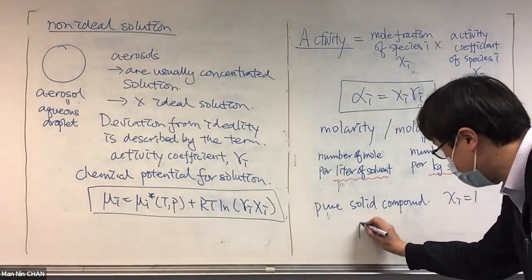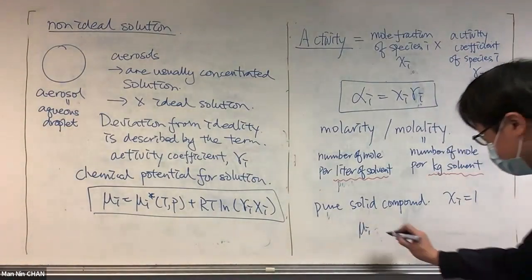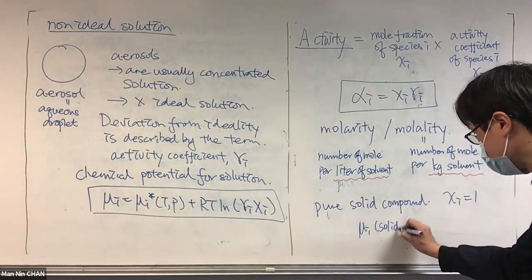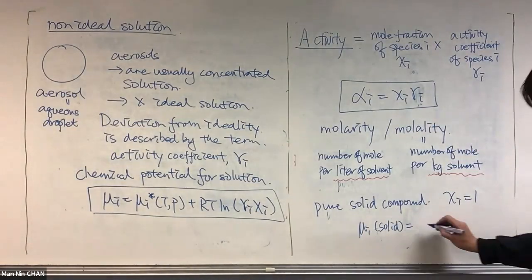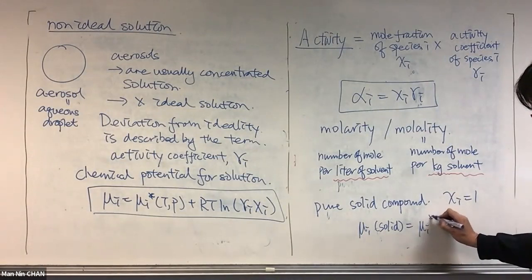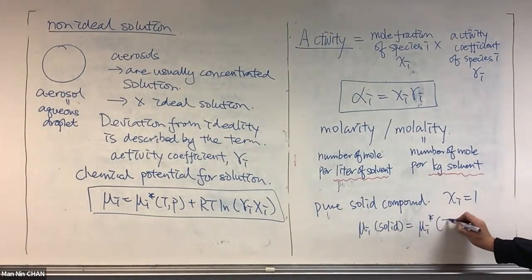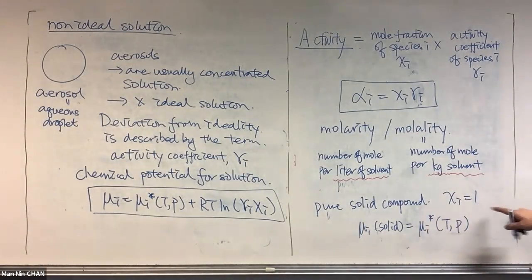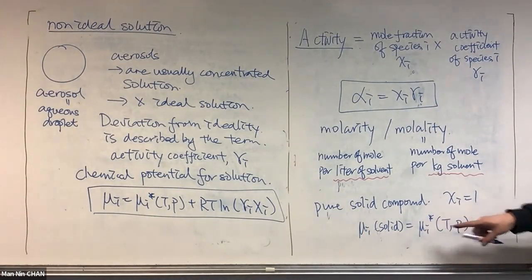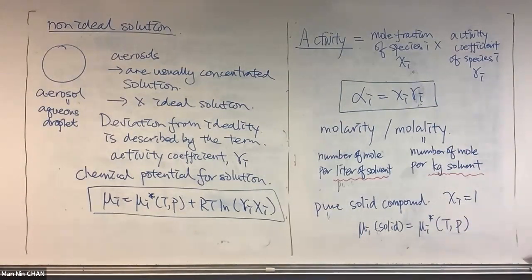So the chemical potential of your solid is just some standard chemical potential, okay? You don't need to worry about the composition term, or the concentration term, because we are talking about some pure solid. So therefore, the chemical potential is just some standard chemical potential at reference state here.